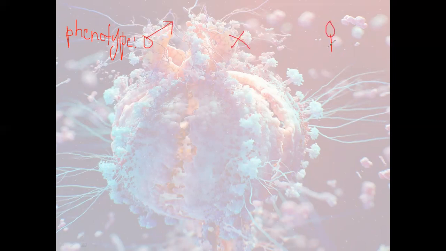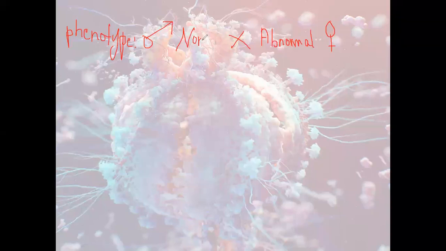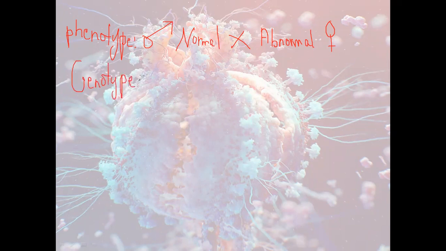The female was the affected, so it is abnormal, or diseased, we can say. And here is the normal one. The genotype of individual F is heterozygous, N capital n small. So the male is N capital n small, crossed with the abnormal female, n small n small.